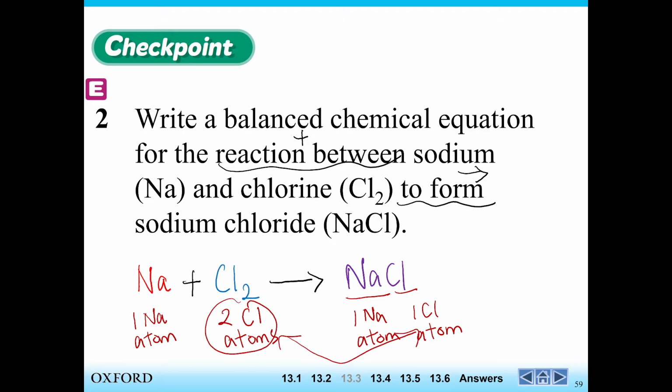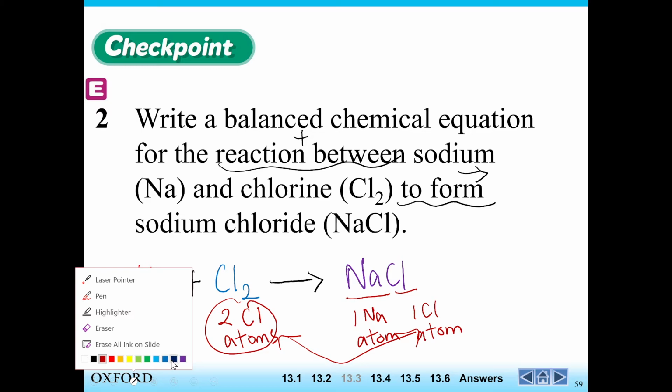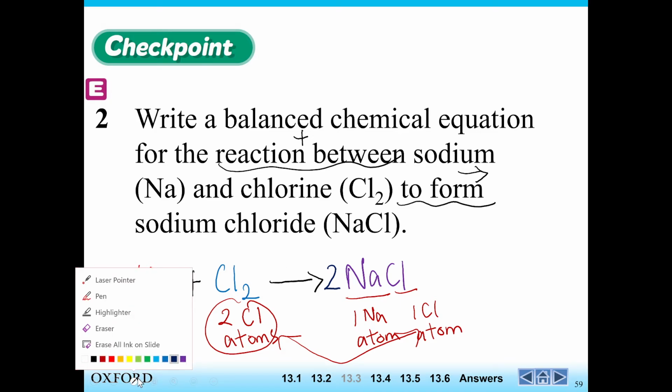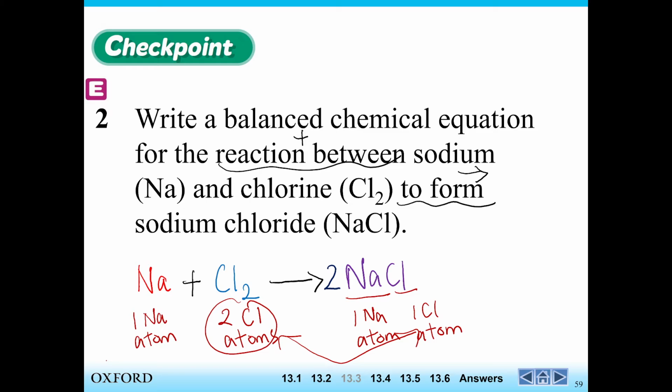So how can I balance them? I need to balance them by adding another chlorine atom. How do I add another chlorine atom? It's easy. I just add 2, which is the coefficient in front of NaCl. But don't forget, as I mentioned, there is an imaginary bracket here. What does this imaginary bracket mean?